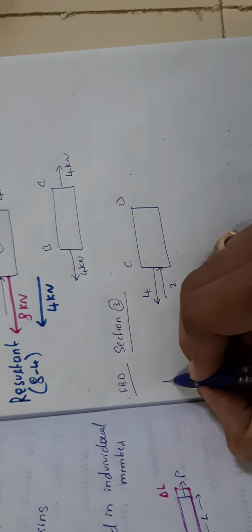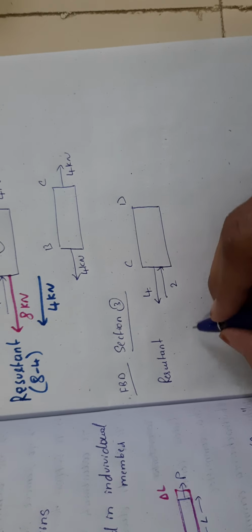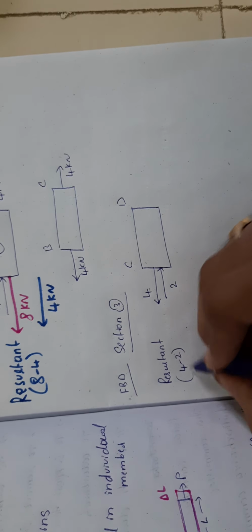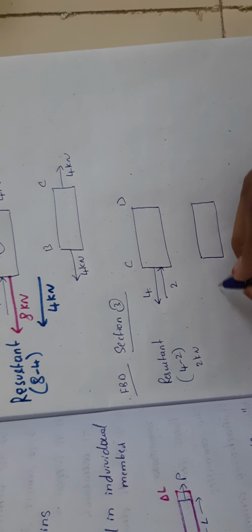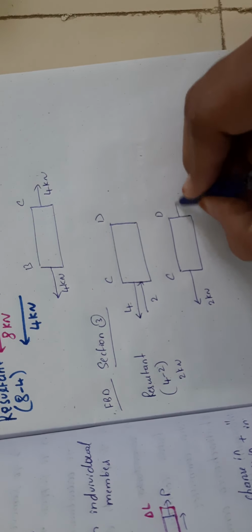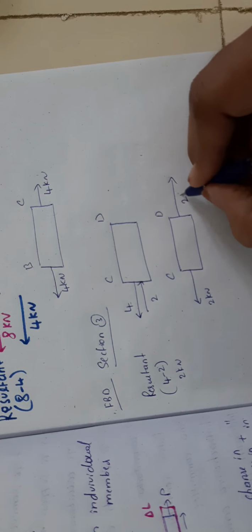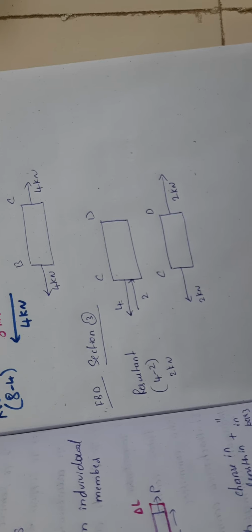So here the resultant will be 4 minus 2, 2 kilonewtons. So the resultant force will be 2 kilonewtons at point C. In order to keep this under equilibrium, the same 2 kilonewton force would be there on the other side.